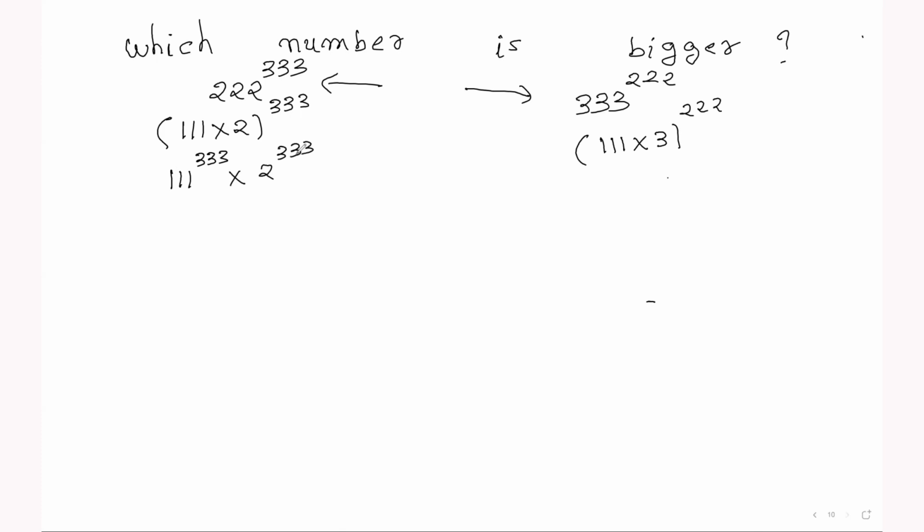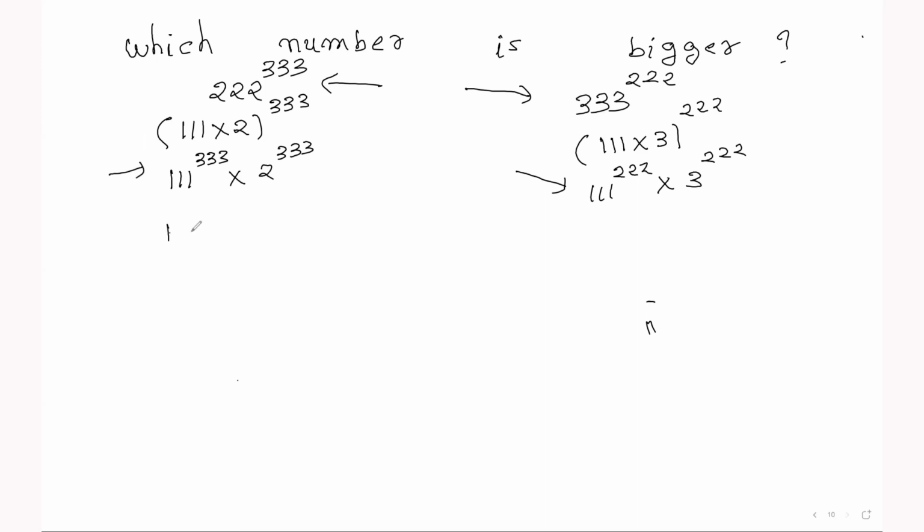I'll do the same on the right hand side, which will give me 111 power 222 multiplied by 3 power 222. Now, I can see that I do have 111 power 222. If I get 111 power the same here as well, then I can compare them.